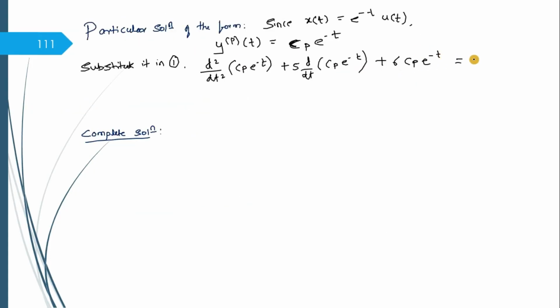X of t is e raised to minus t into u of t, as given. So let me write t greater than or equal to 0 for that purpose, because u of t is multiplied with it.